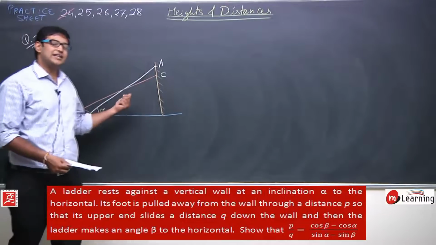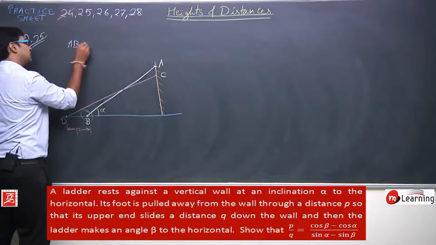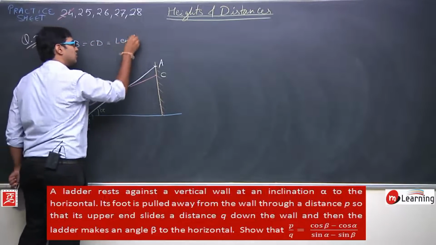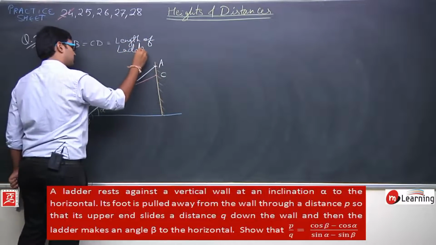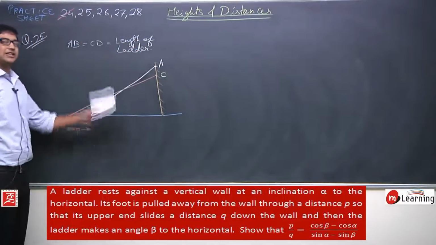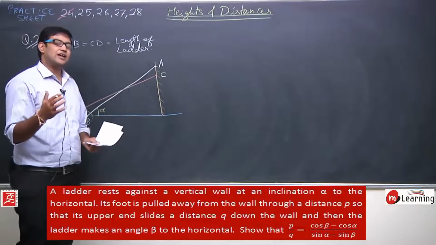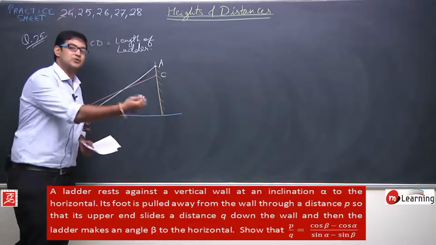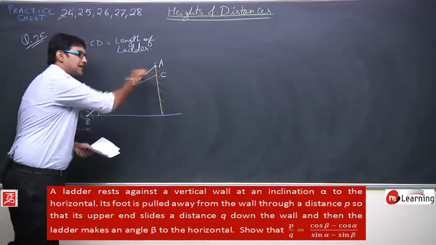Now what about CD? I will say that AB is equal to CD. Why? Because this is the length of the ladder, and this length will not change. If I pull away this foot, the length of the ladder will not change. It's obvious, I am not stretching the ladder, I am just pulling the foot of this ladder away. So this top will slide down.